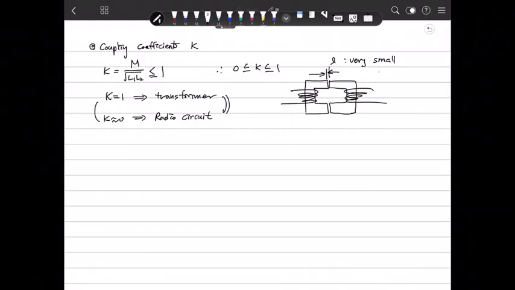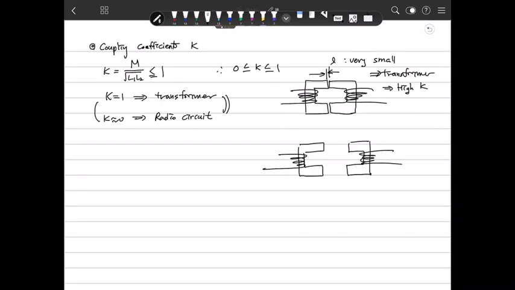This is a transformer with a high K. If you increase the distance between the two cores, the gap increases and K decreases dramatically.